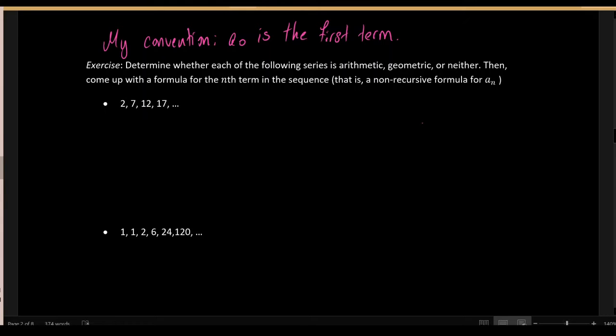So based on my convention, which comes from the CS world, in the first sequence, A0 would be 2, the first number given, A1 would be 7, A2 would be 12, and so on. Now looking at the pattern that is showing up with the terms in this sequence, I can see that they are increasing by 5 each time we move from one number to the next.